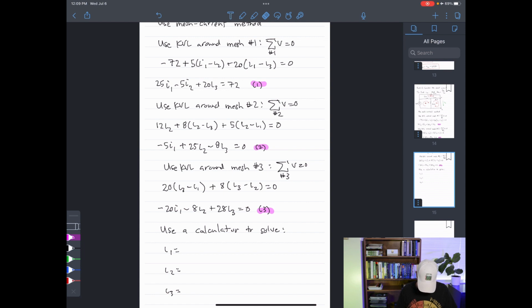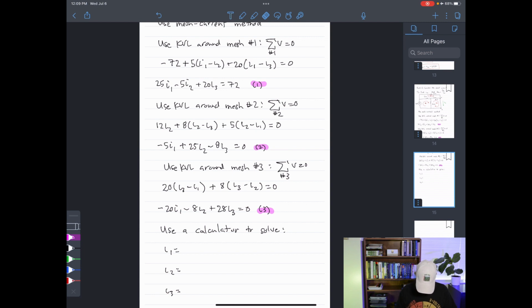Okay, it's not wanting to do it, so let me just go ahead and solve it again. So in my system of equations, we have not 20 I1, but 25 I1. Minus 5 I2 plus 20 I3, that's equal to 72.